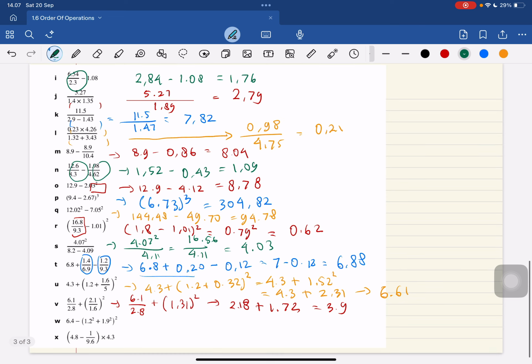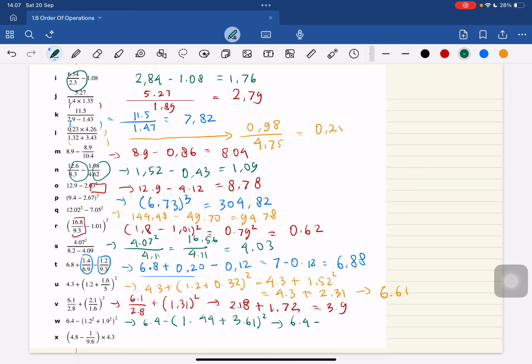Next, last two. Okay, finish the bracket first. So 6.4 minus bracket. So let's make it square. 1.2 squared will give us the answer 1.44 plus 1.9 squared will give us 3.61, and then we make it square again. So 6.4, let's finish the inside.